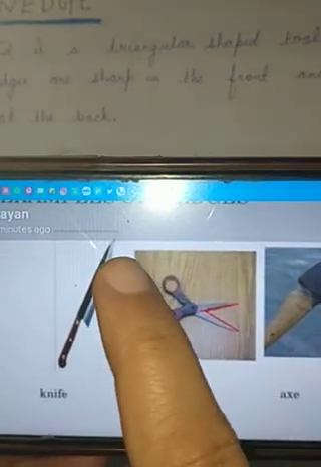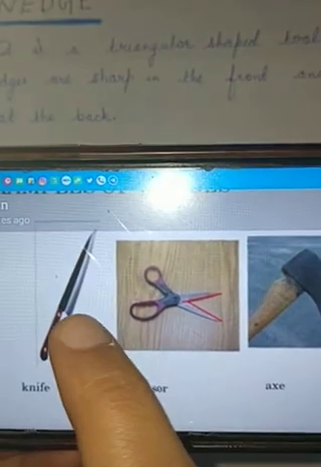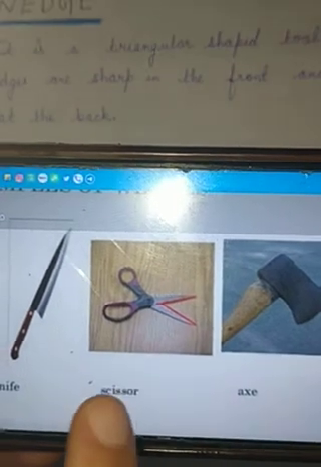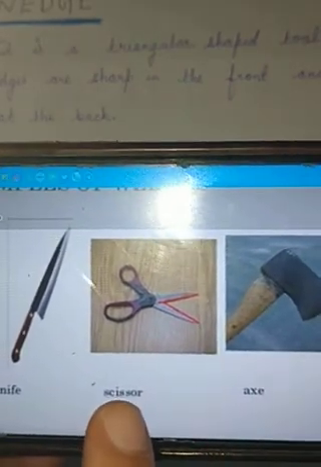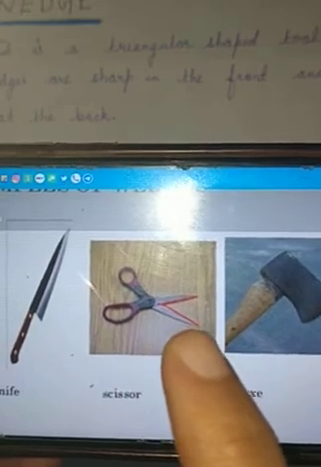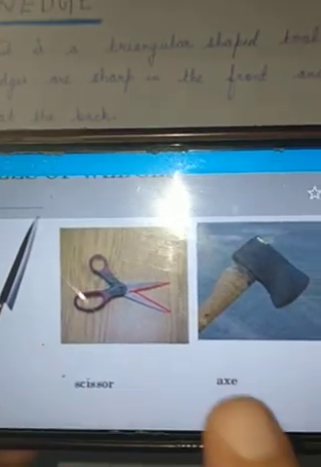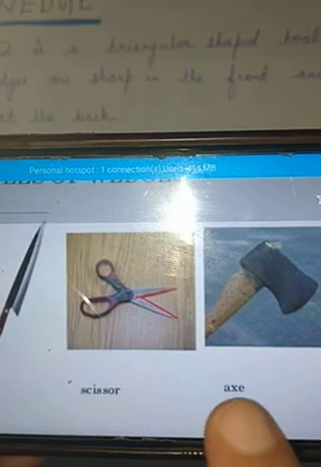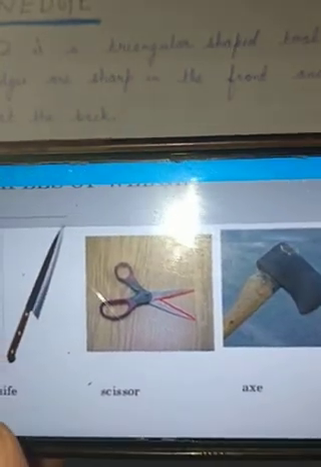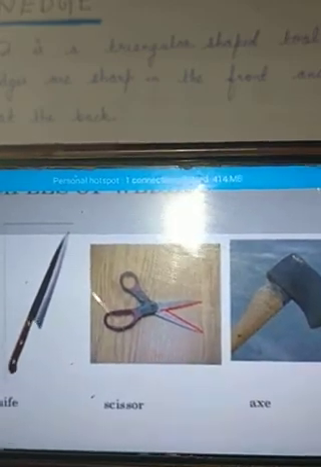See here, it is very sharp in the front and a little bit blunt at the back. Scissors are also an example of a wedge, and they are also sharp in the front and blunt at the back. And an axe is also an example of a wedge. It is also sharp in the front and blunt at the back.